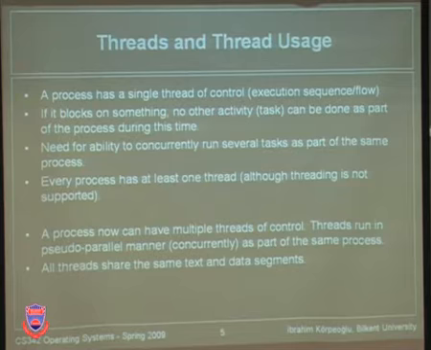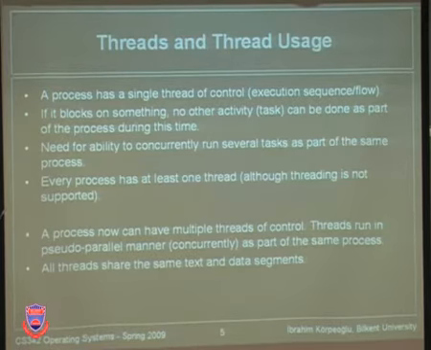We may actually want a process to concurrently do several tasks. For example, while doing disk I/O, it would be nice to have the process also do some computation in the CPU and also maybe some networking. Sometimes this is a good thing to have. But with a single-threaded process, we cannot do that.